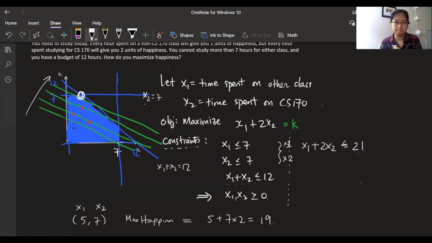Maybe I'll take the second and the third, one copy of each, and I'll get x1 plus 2x2 again, because there's an x2 here, and there's x1 plus x2, and I'll say that I get 19. And since I could get maximum happiness as 19, this is optimal, and we're done.